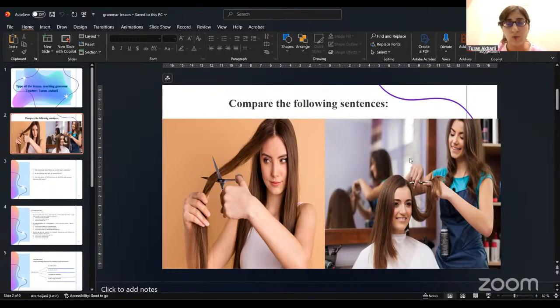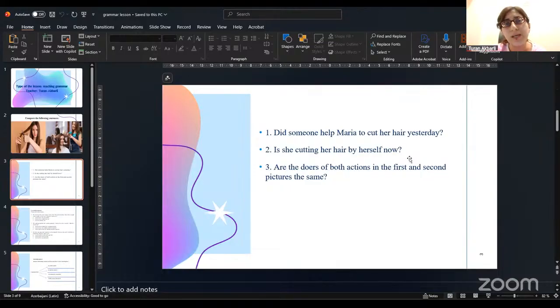So I try to ask different questions. For example, did someone help Jane, here Maria, to cut her hair yesterday? Or is she cutting her hair by herself now? Are the doers of both actions in the first and second pictures the same? So I try to say that in one action, someone does it on their own, and in another one, someone else is doing it instead of him or her.